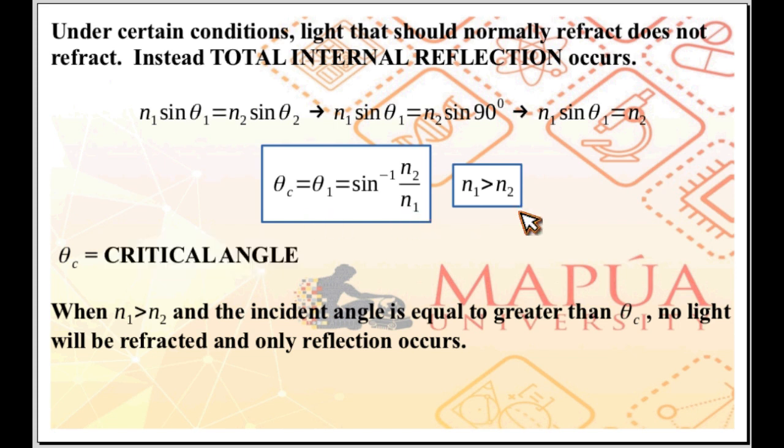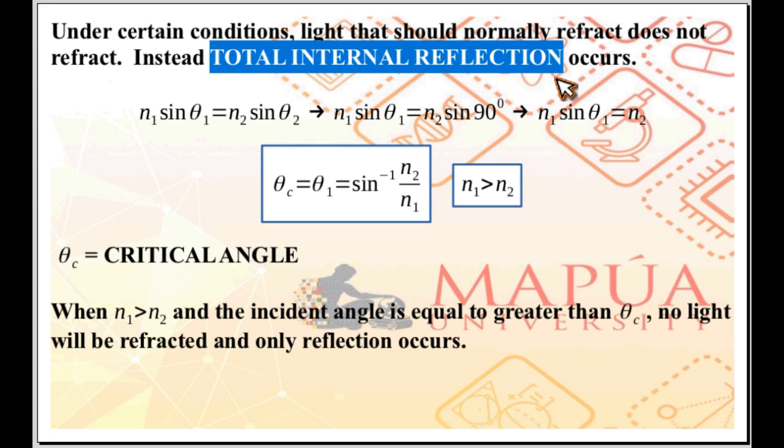This makes up the two conditions for total internal reflection to happen. The angle of incidence must be equal to or greater than the critical angle, and the index of refraction of medium 1 must be greater than the index of refraction of medium 2.